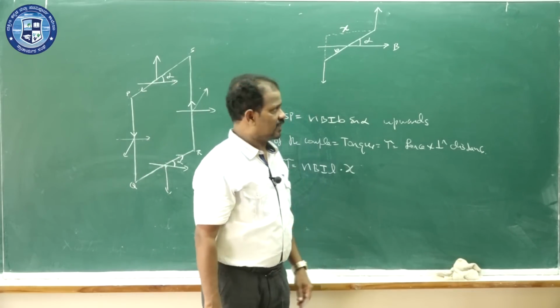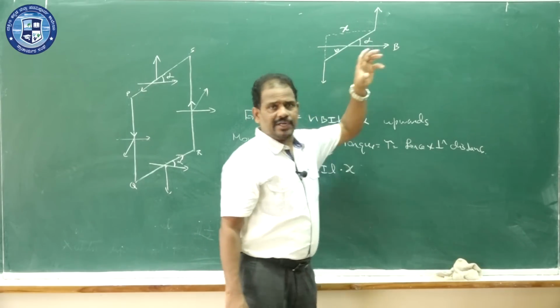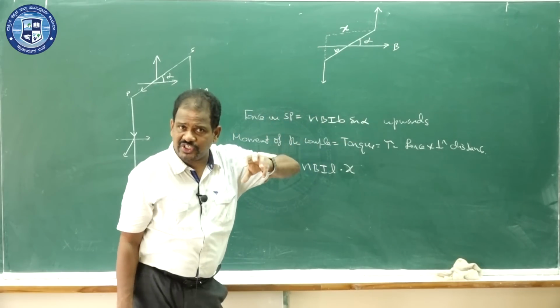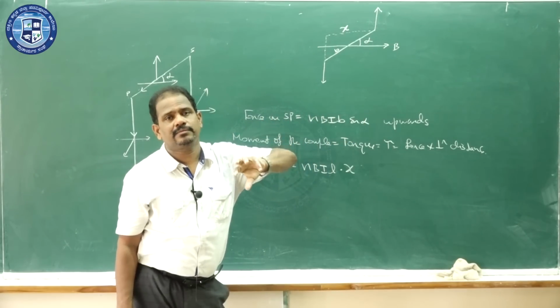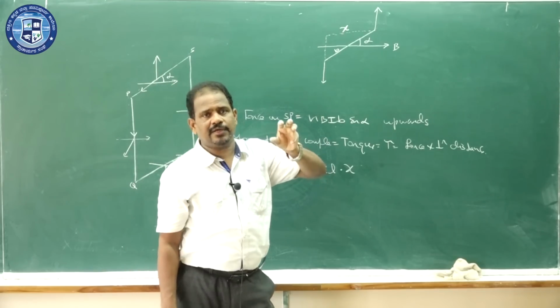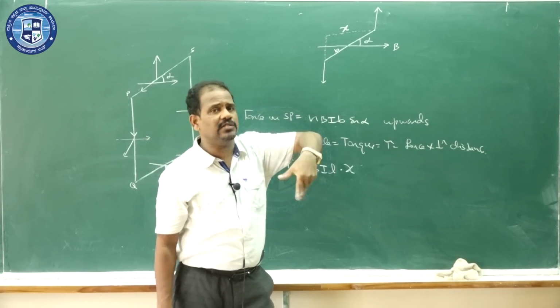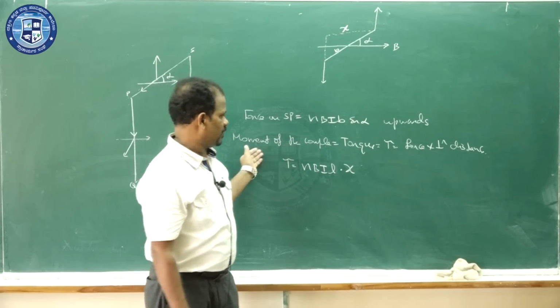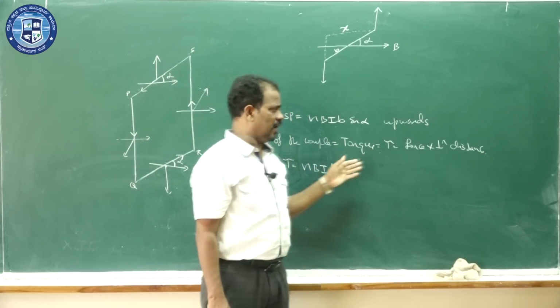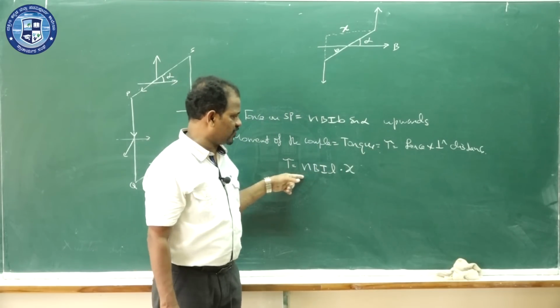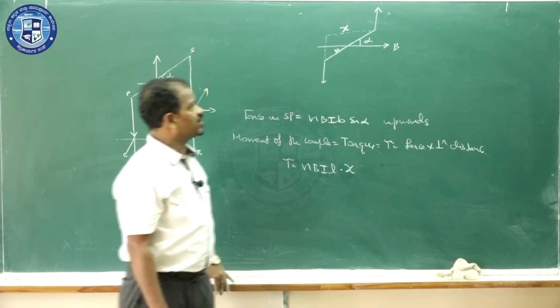Is it right? Therefore, two forces which are equal, opposite but parallel constitute a couple, and a couple gives pure rotatory motion to the coil. So the coil turns, and the torque, the moment of the couple, is given by any one of the forces, because both forces are equal, into the perpendicular distance.